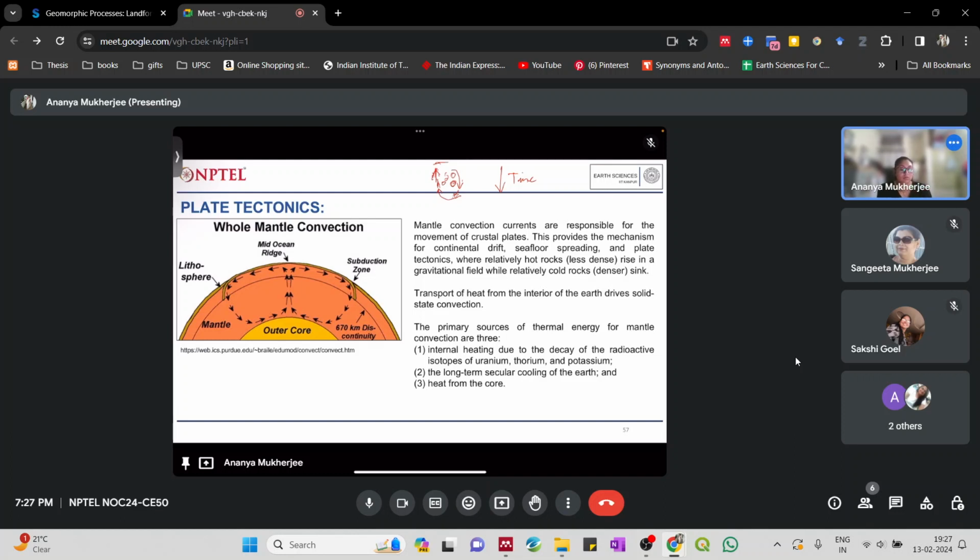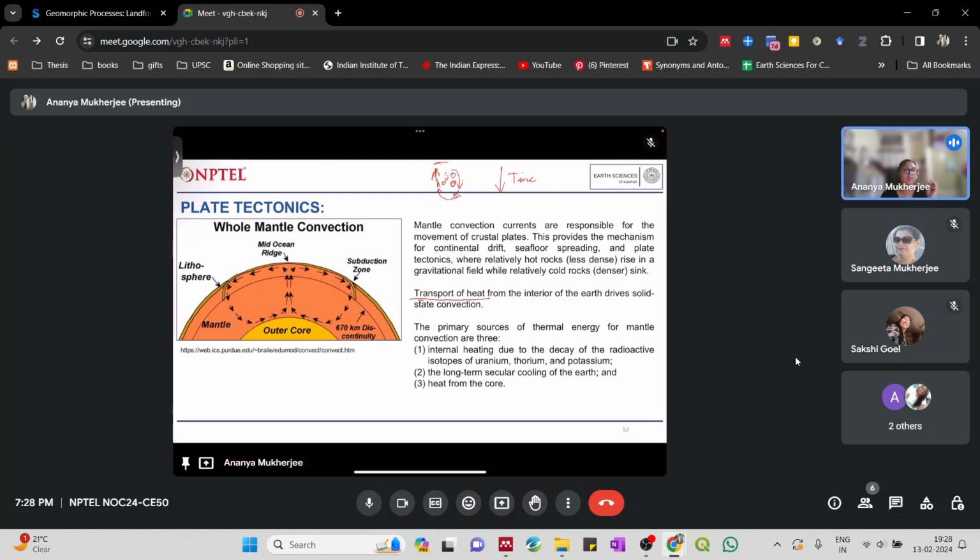So for the convection cells or the convection currents to perpetually keep maintaining this flow, the transport of heat is important, okay. So where is the heat coming from for the material to actually become hot or melt and then rise up, then again cool at around the surface and then descend back? So there are three ways.